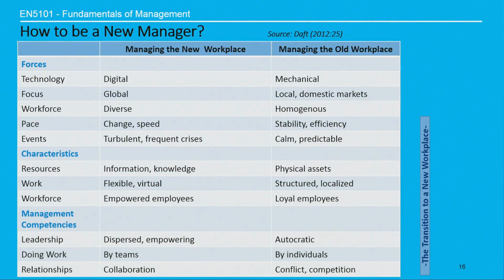Then today from new managers, new competencies are expected. They should be team players, they should be able to empower people, and they should be more collaborative. But in the traditional workplace, the managers were autocratic, had a more individualistic focus, and tried to move with competition. But today the norm is not competition but collaboration.